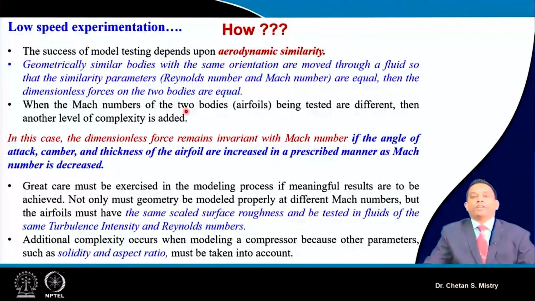Not only the geometry, but we need to take care of surface roughness, turbulence intensity, and Reynolds number. Along with that, we have more complexity in terms of solidity and aspect ratio. All these parameters bring more challenge to what we are thinking of in terms of aerodynamic similarity.